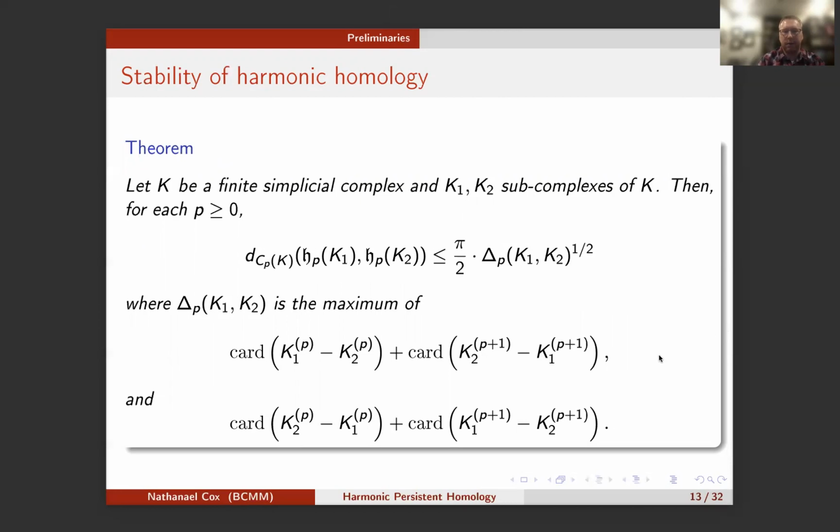And again, delta_p of K1 and K2, as you can see here, is the maximum of these sums of cardinalities of the differences between the p-dimensional simplices and p+1 dimensional simplices of K1 and K2.